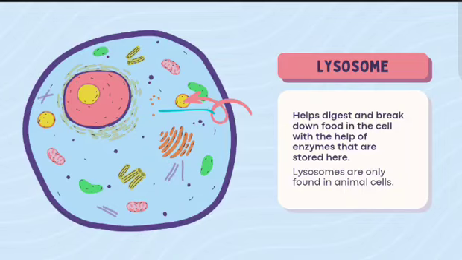So it's stored in the lysosome. It helps to digest, nutrition also. It helps to digest and break down the food in the cell. They are only found in the animal one.